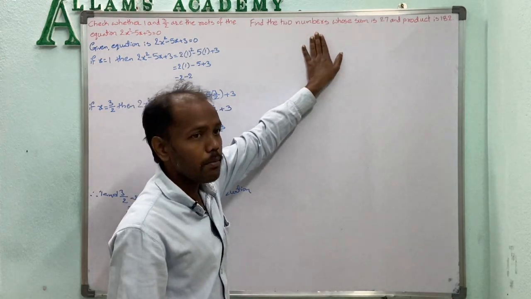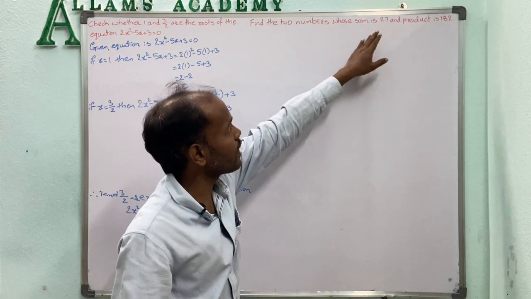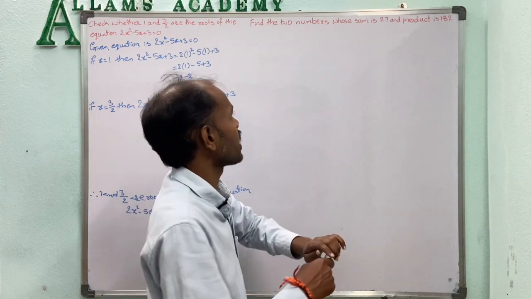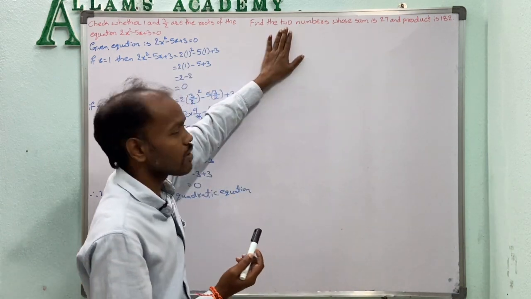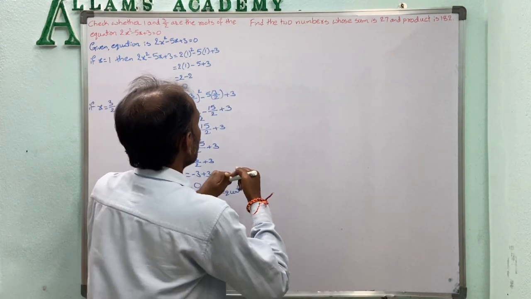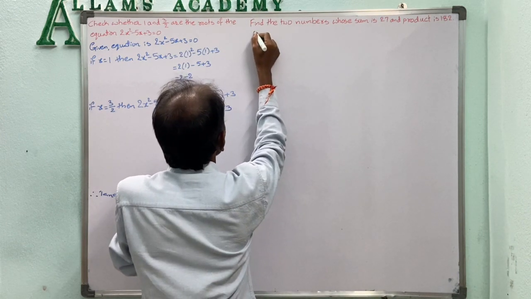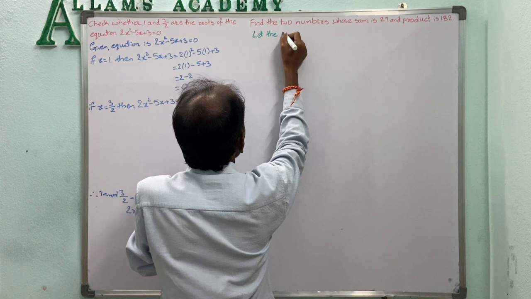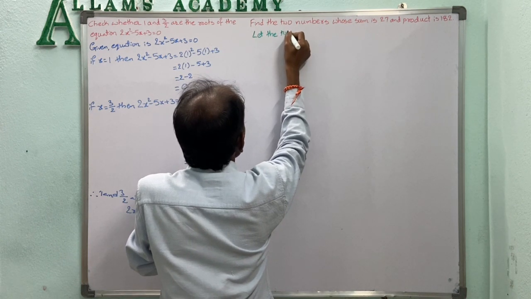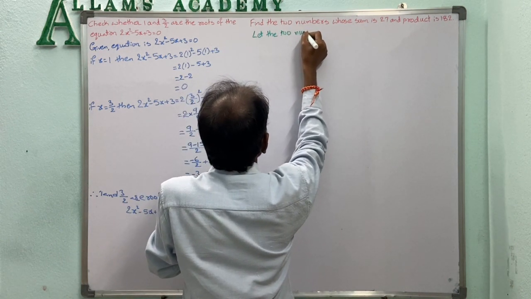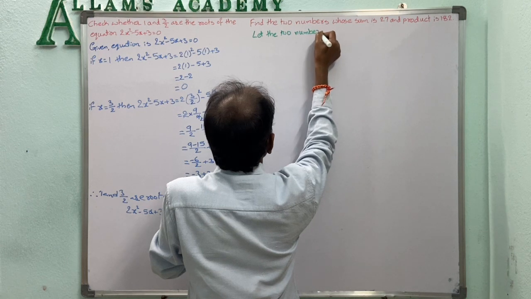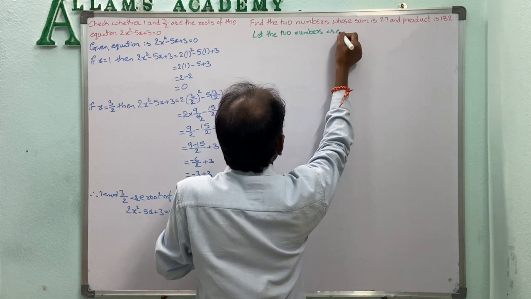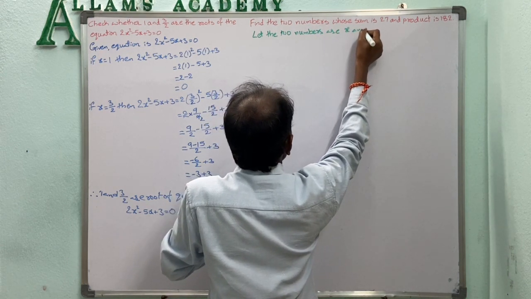Find the two numbers whose sum is 27 and the product is 182. So here we don't know what the two numbers are. So let the two numbers be x and y.